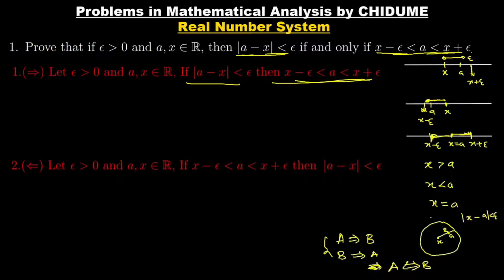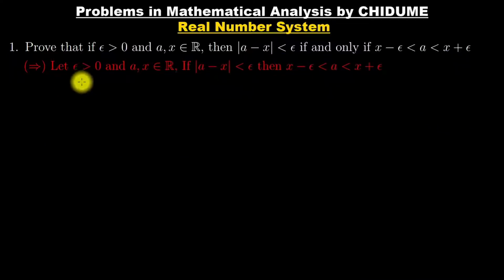So let's go ahead and prove that statement now. From the explanation I made earlier, if I pick two real numbers, two things are actually involved. We can break this into two cases. Let epsilon be greater than 0 and I pick two real numbers.